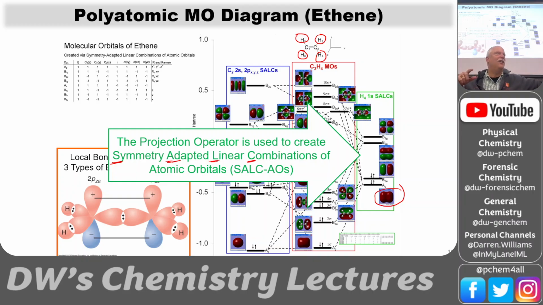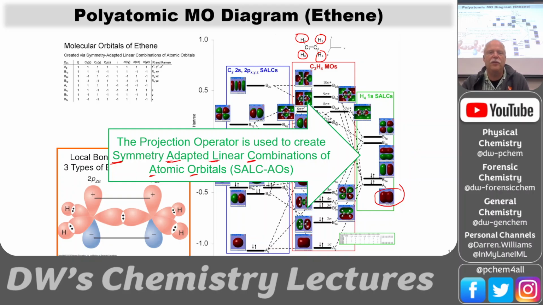So that's the linear combinations, right? Plus and minus in front of all of those. Those are the linear combinations of atomic orbitals. And then they're symmetry adapted, meaning that they're given the correct symmetry in the character table. Okay. So those are SALC-AOs. So symmetry adapted linear combinations of atomic orbitals, and those are for the 1s orbitals.